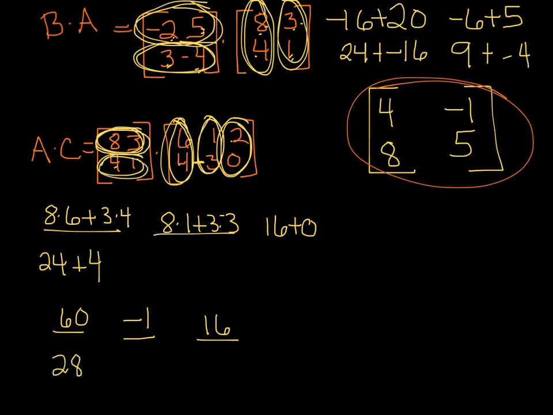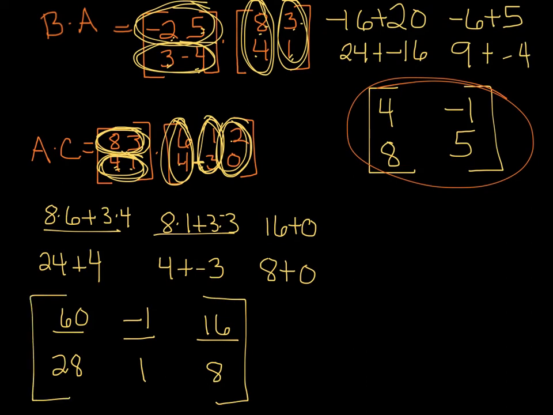And then bottom middle. 4 times 1 is 4, plus 1 times negative 3 is negative 3. 4 minus 3 is 1. And bottom right. 4 times 2 is 8, plus 1 times 0 is 0. That gives you an 8 here. So 60, negative 1, 16, 28, 1, and 8. That is the 2 by 3 resultant of A times C.